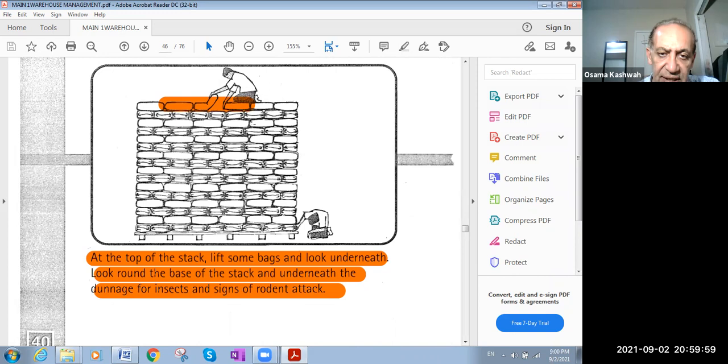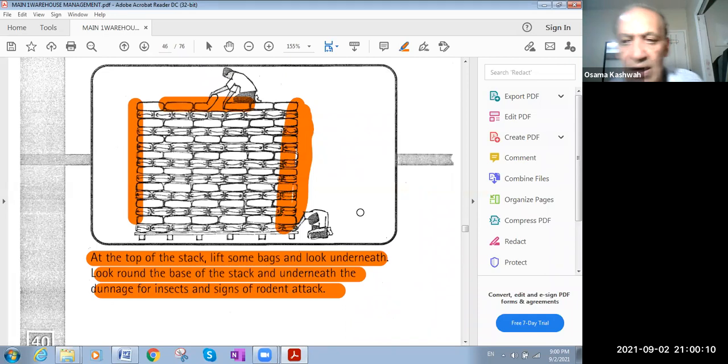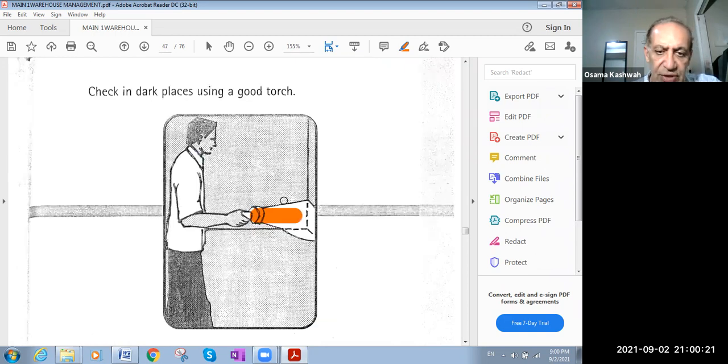Check, like you see here, that the stacks are balanced from the two sides, the length from the two sides the same. That shows the importance of being balanced, because if it's higher from one side than the other, it might fall. So this is also another point.